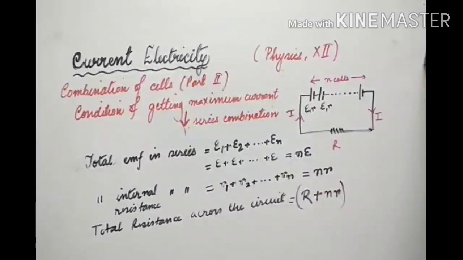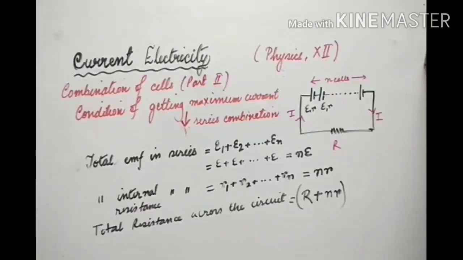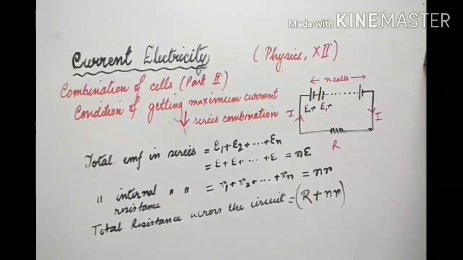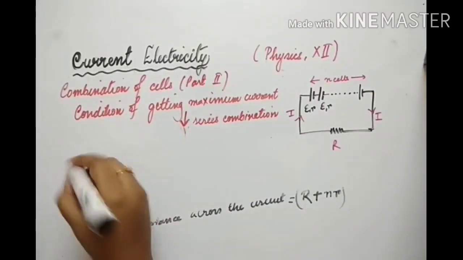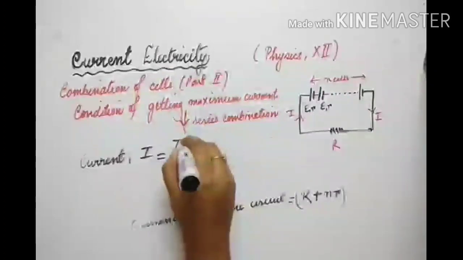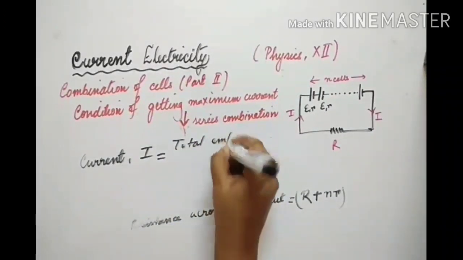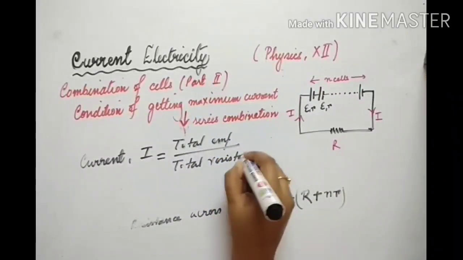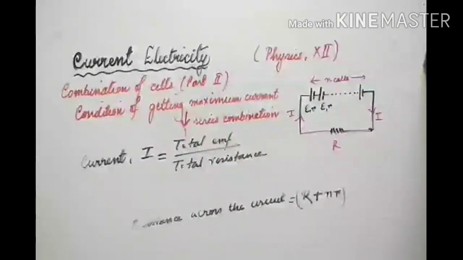Now if you are asked to find out the current, how can we find it? Let us write in this manner. The current can be written as total EMF by total resistance.